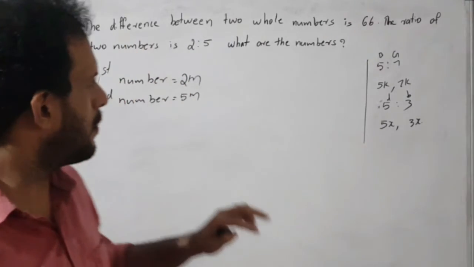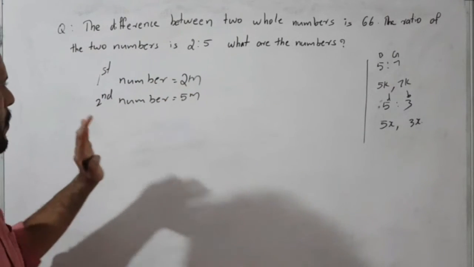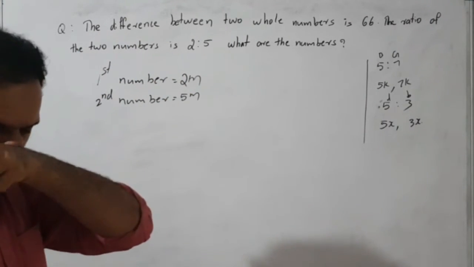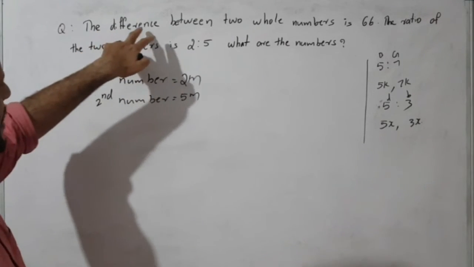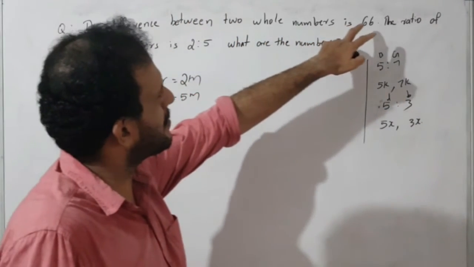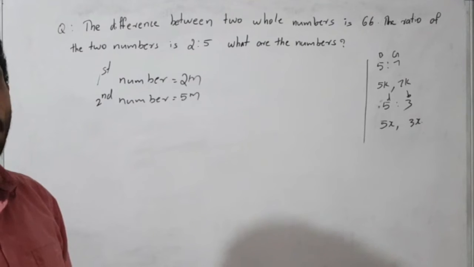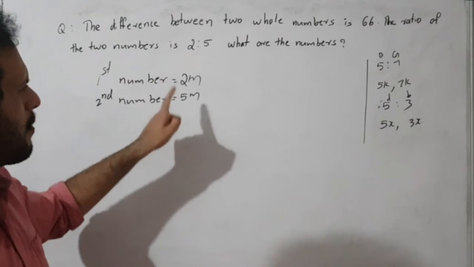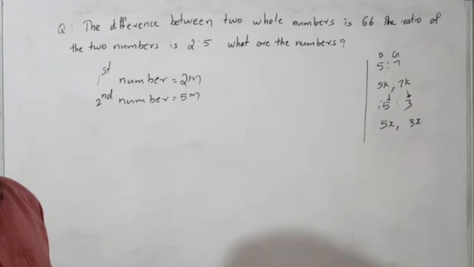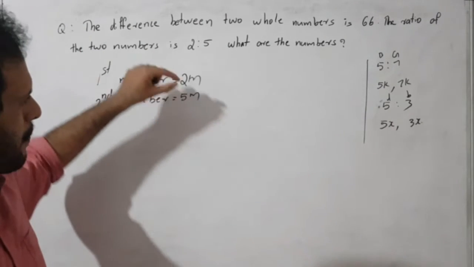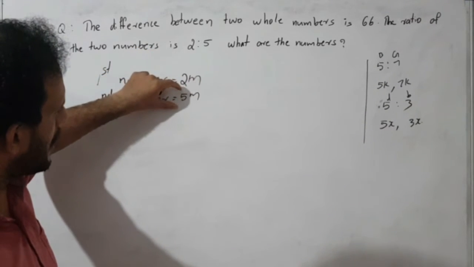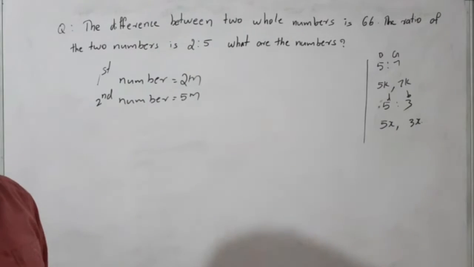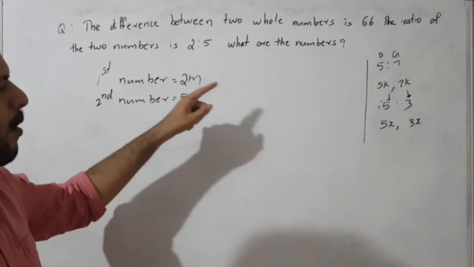Okay, so here first number is 2m and second number is 5m. Then it is given that the difference between the two whole numbers is 66, and here is the difference of these numbers, correct? Then which one is bigger, 5m or 2m? Here we multiply the same number with the 2 and the same number with the 5. Then which one is bigger, 5m or 2m?